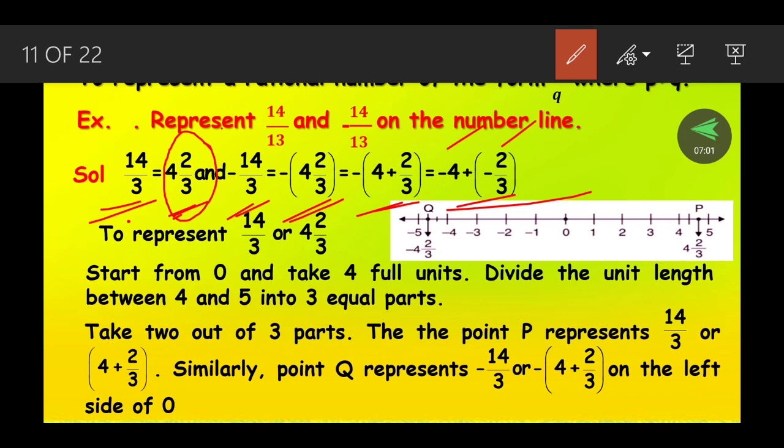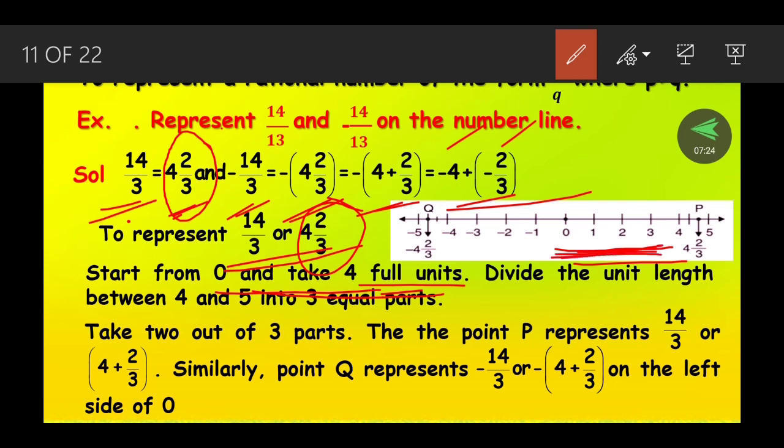So first, let's see 14 by 3, or 4 2 by 3, how to represent on the number line. What we have to do is start from 0 to 4, where we take full units.